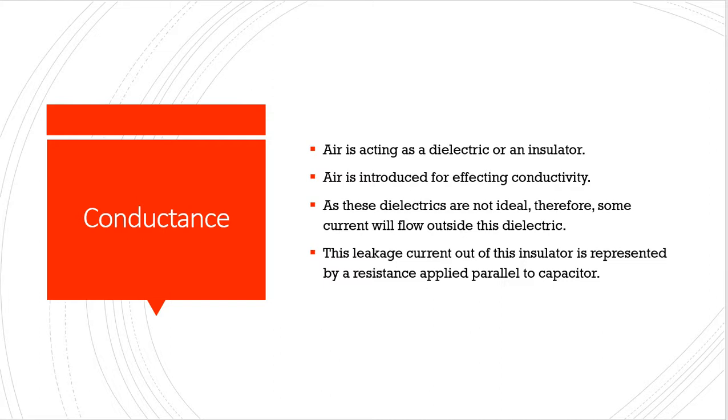It is basically introduced for affecting the conductivity, right? As in the universe, there is no dielectric that is considered ideal, right? Therefore, some current will flow outside this dielectric or insulator.